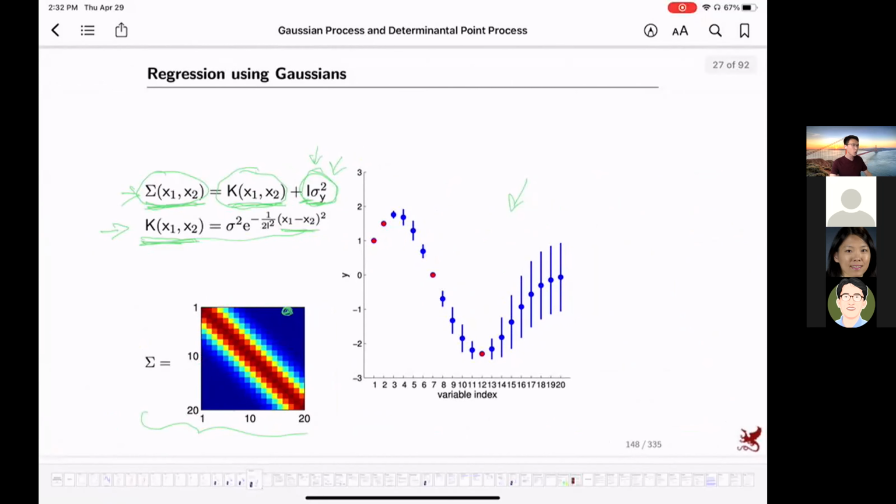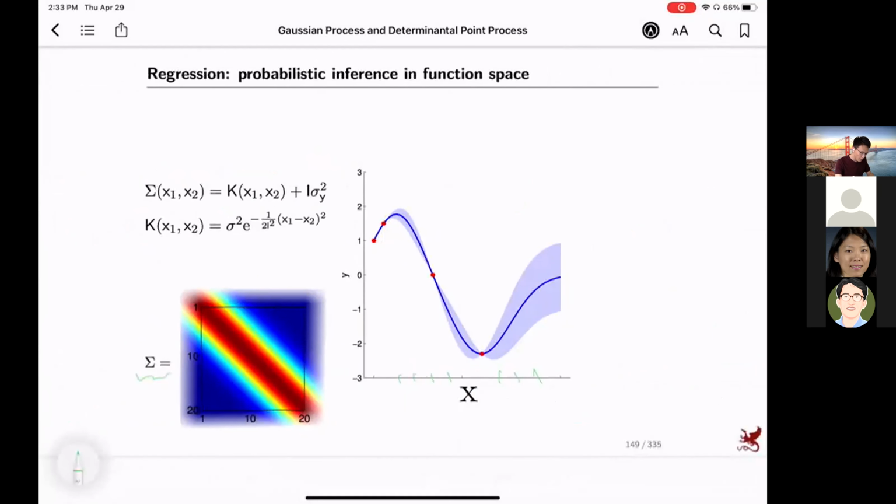But our goal is that we want to be able to model continuous functions, meaning on the x-axis, if we have infinitely many values, in which case we cannot use it as an index anymore, it's just a real value. We want to still be able to specify the covariance between any two values. So in order to do that, we define this function that takes in any two real values, so we will be able to generate a smooth function that looks like this one.